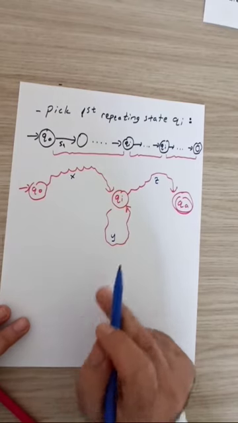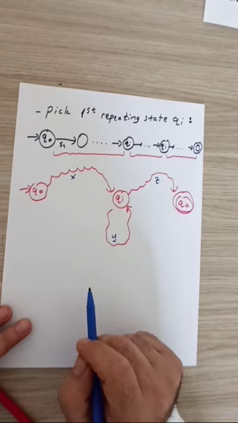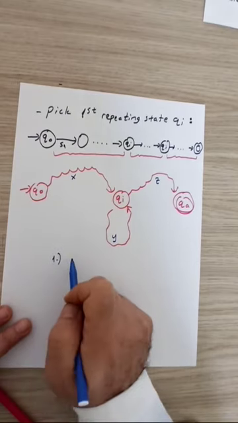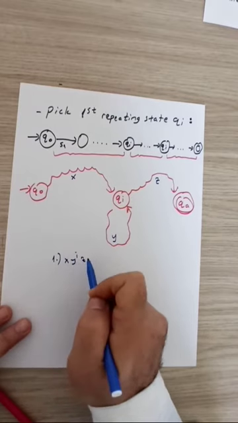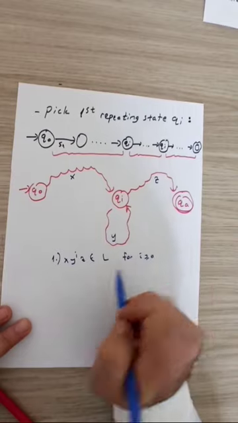Now at this point, we can check those three conditions of our pumping lemma. Condition 1: x y to the i z should be in the language for any i greater than or equal to 0.